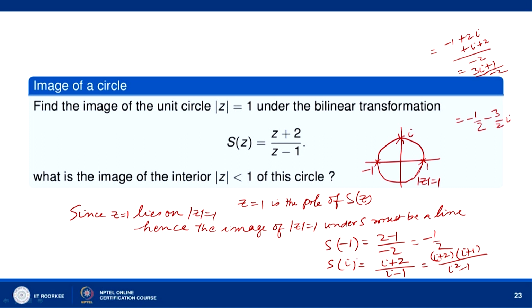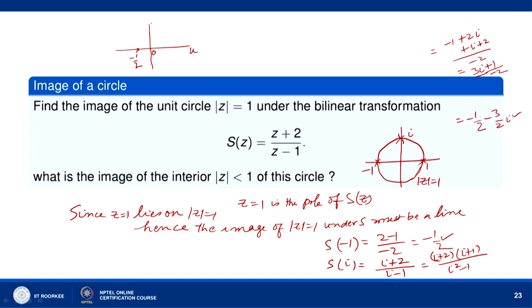So, we have got the images of 2 points on the circle in the z plane. The images of the 2 points on the circle are -1/2 and -1/2 - 3/2 i. So, let us draw this figure in the W plane. S(-1) goes to -1/2, this is -1/2 here.